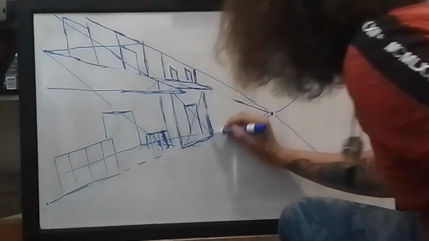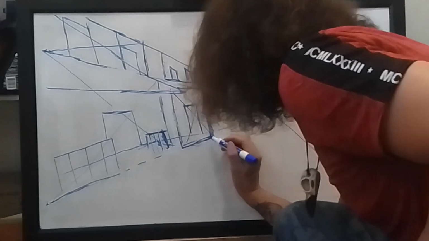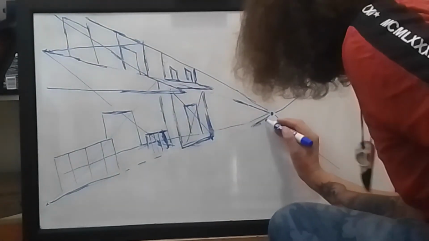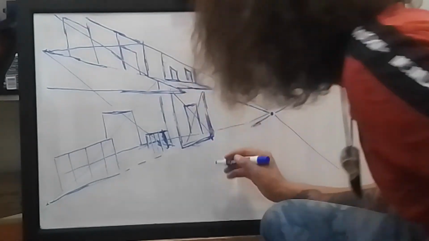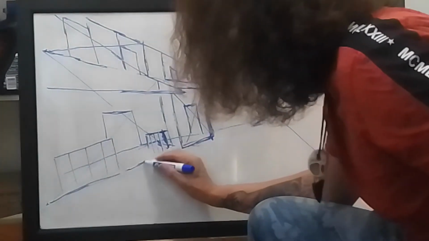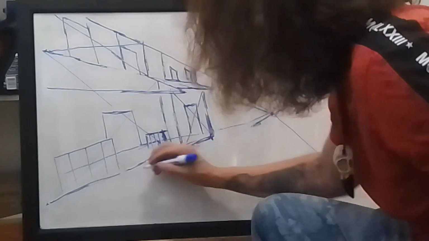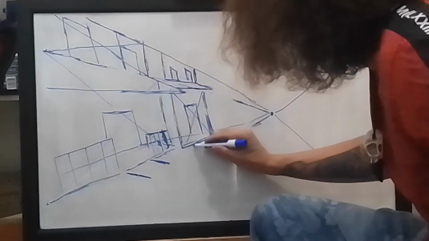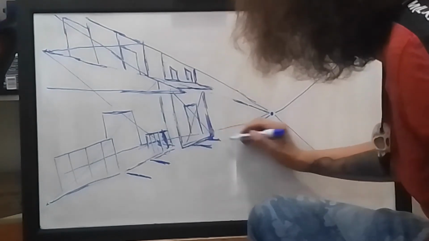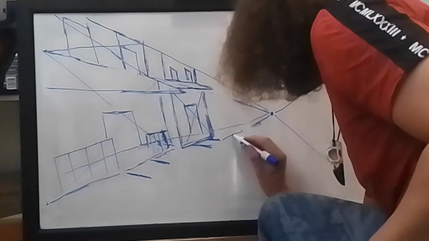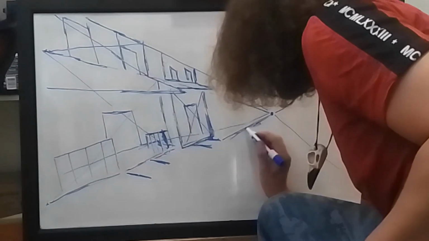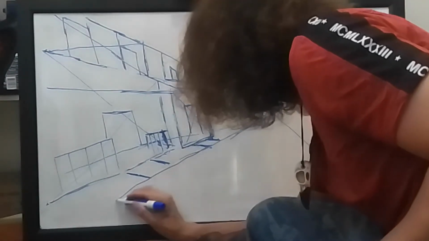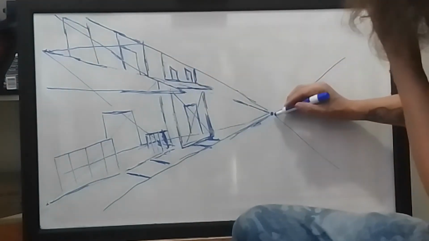Okay. So say I want a little road going this way. So now we need a walkway. Need a little path going like this. You know? Like that.